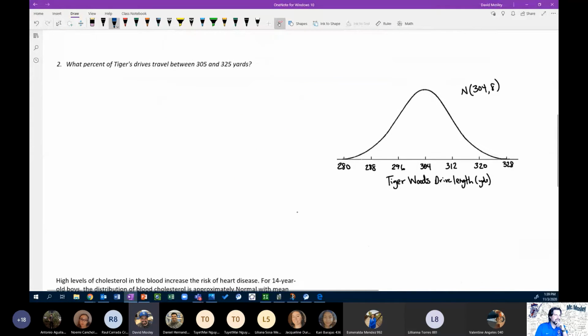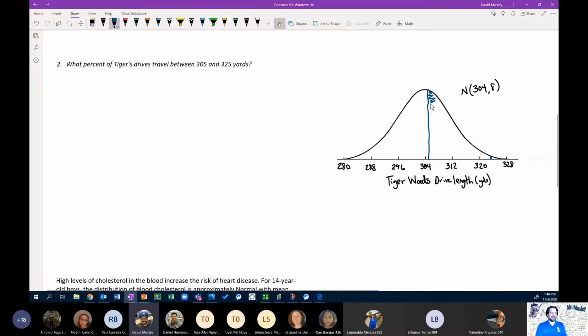So let's look at this second one here. Now we have: what percent of Tiger's drives travel between 305 and 325 yards? Right, so now we're looking at our graph. This line is not going to be straight no matter how hard I try, but I'll try. Somewhere over here to somewhere over here.